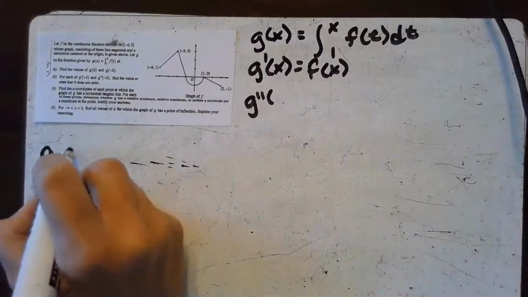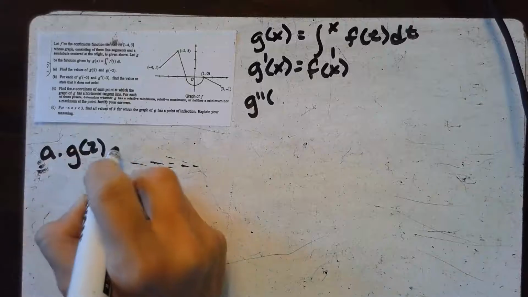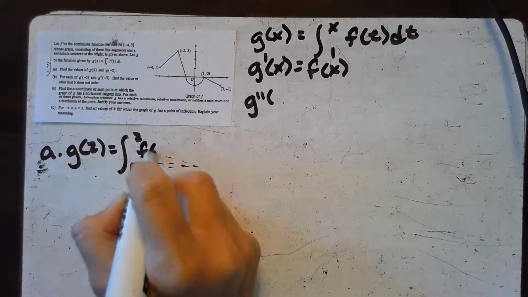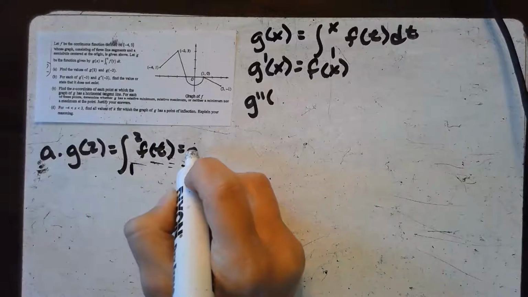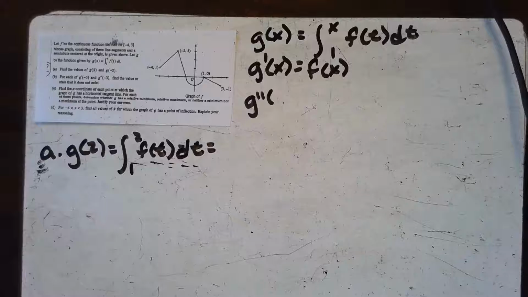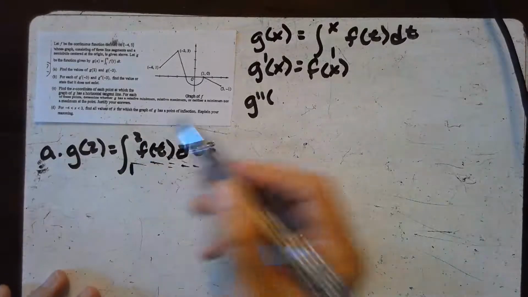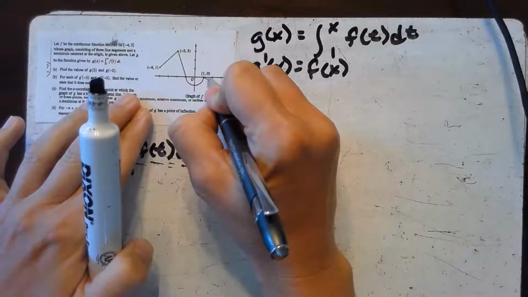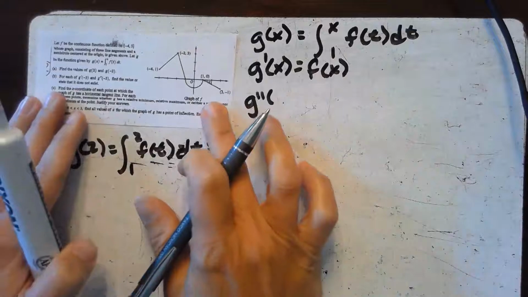Okay, when I find g of 2, I'm just plugging in 2 for that x right there. Well, all this is doing is finding the area from 1 to 2. So from 1 to 2, what's the area of that triangle?